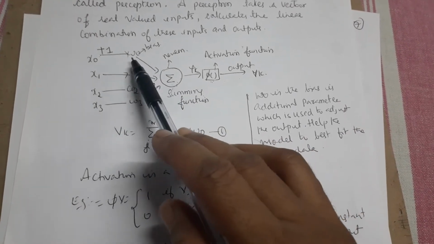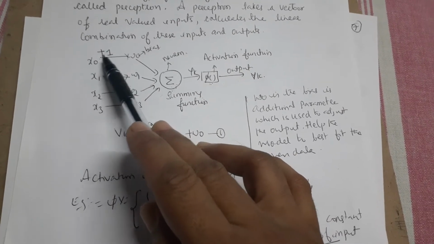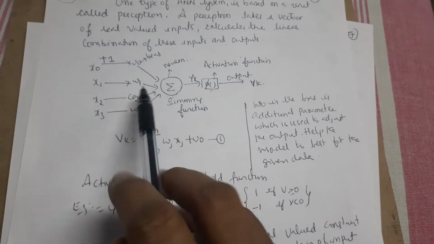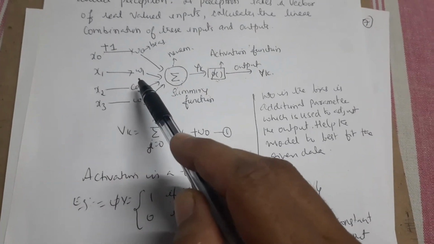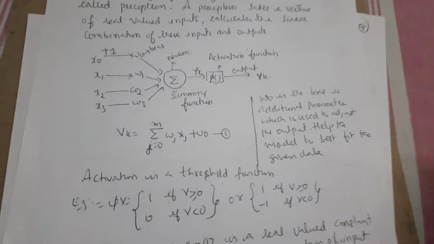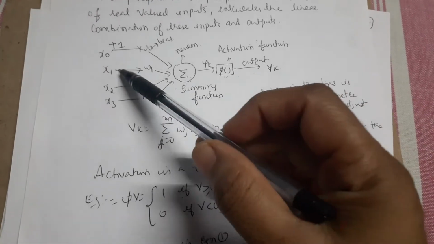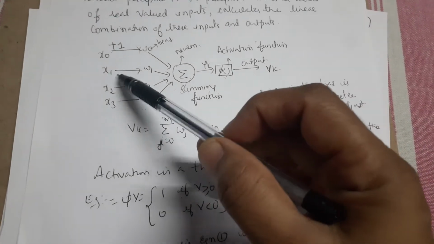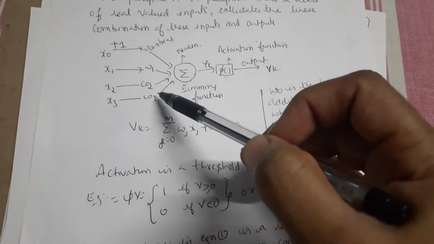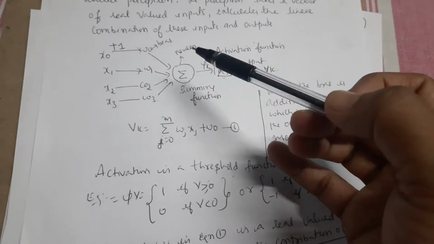Here, for the bias we have given the input as +1, so we fix that input as +1. And you can observe in the figure we have W1, W2, W3. These are nothing but the weights. What are these weights? Weights are nothing but the contribution of these inputs, the percentage of contribution of these inputs to the output. How much it is contributing, whether 20% or 30% or 40% or 50%, whatever it is.